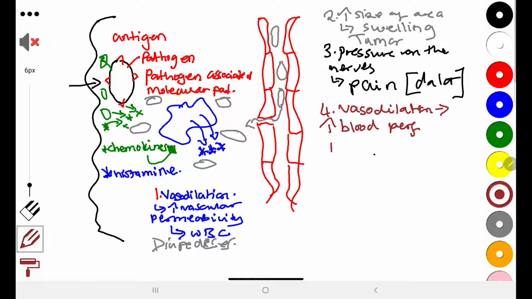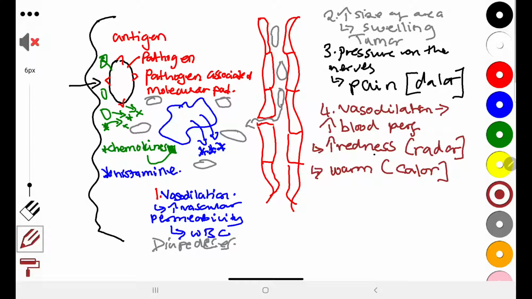And increase in blood perfusion will lead to increased redness in the area of inflammation, and this is known as rubor. And then, because of course the area now has blood there which is warmer, we will also notice that it will be warm, which is calor.